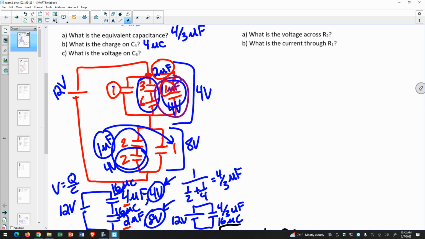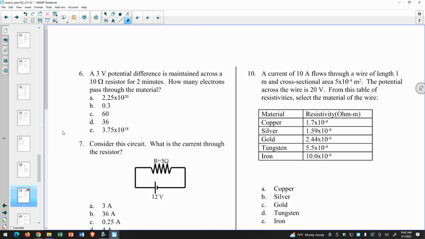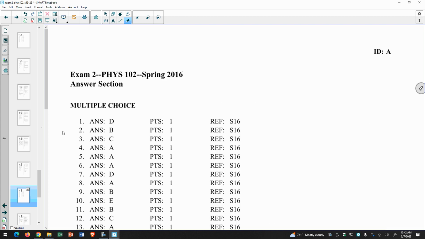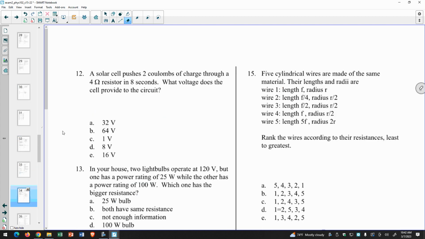Y'all okay with those circuits? First one on spring of 21. It's a similar, I think it's a capacitor problem, right? Oh, did I? I probably changed them to make it easier.